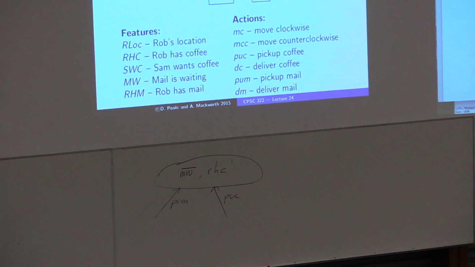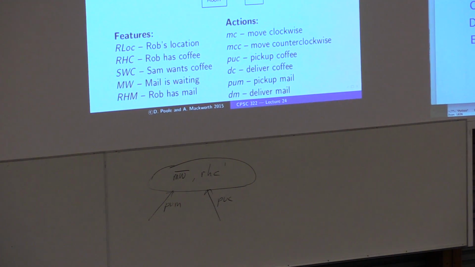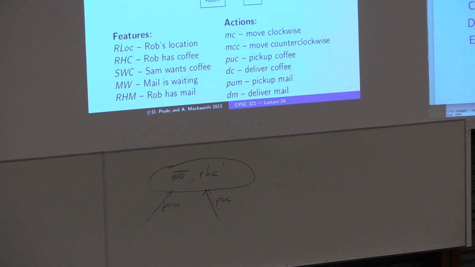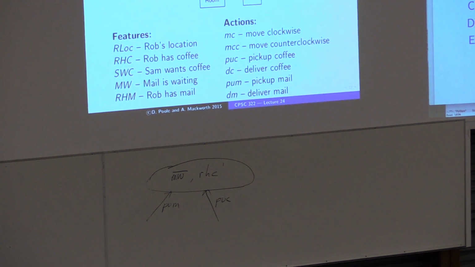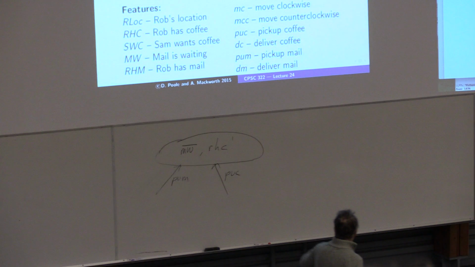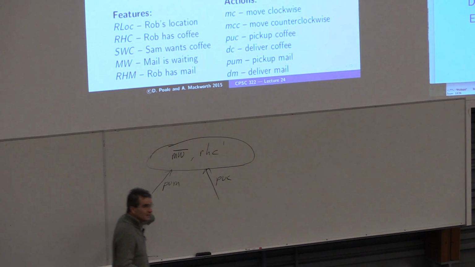Sorry? What's the question? If the robot is in the lab or science office and therefore can't pick up mail or coffee, then it's going to go to the place where it's going to pick up mail.